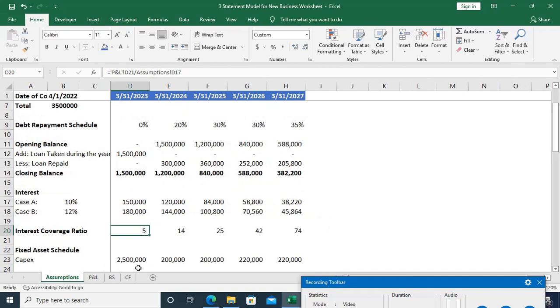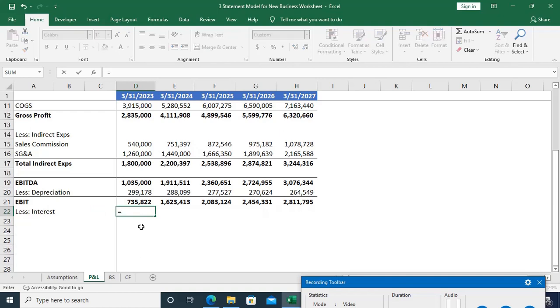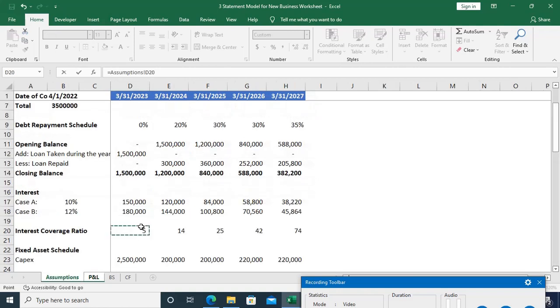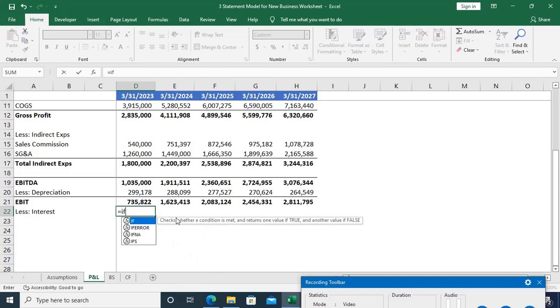We did it right, but let me explain this linking formula that I have used. The formula I have used is EBIT less interest, right? So how do we choose which interest will actually be applicable? We have already calculated the interest coverage ratio. So what should our interest amount be?